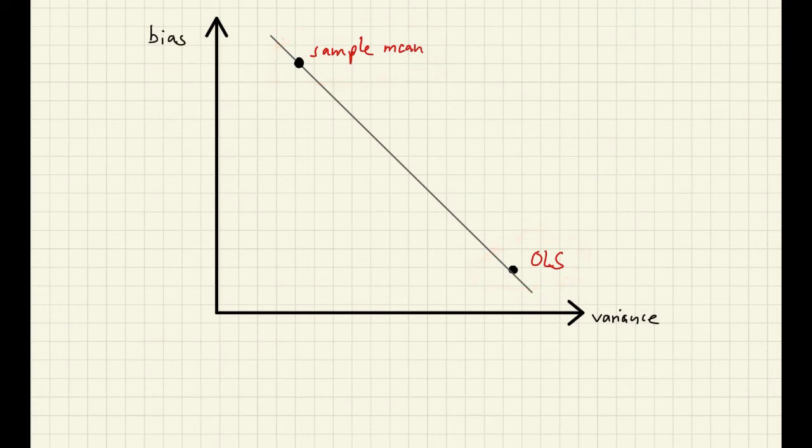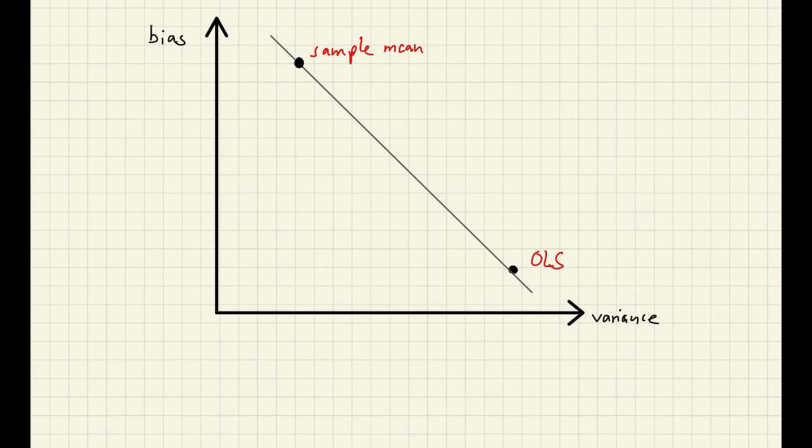Since OLS and sample mean are good in orthogonal ways, it makes sense to wonder if we can just somehow combine them. So what happens if we take half the OLS prediction and half the sample mean prediction?